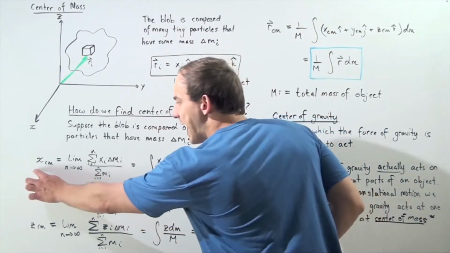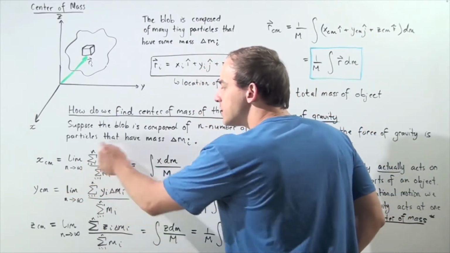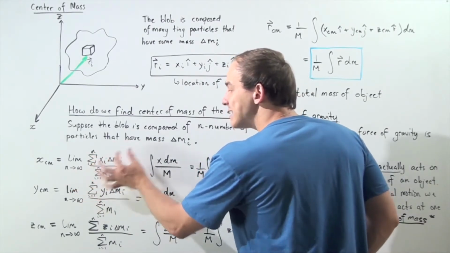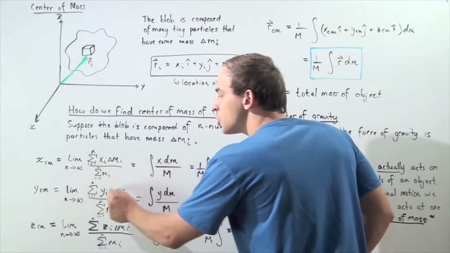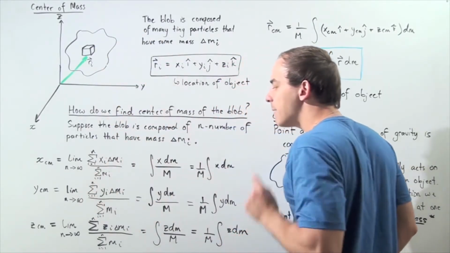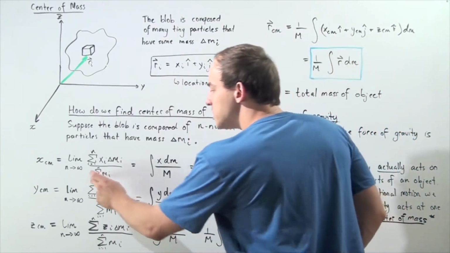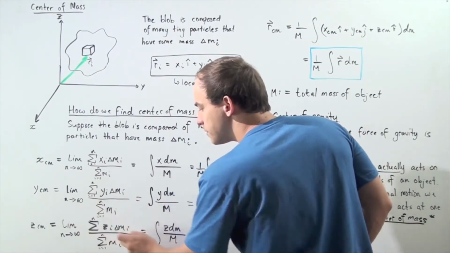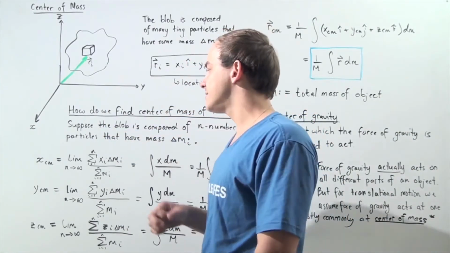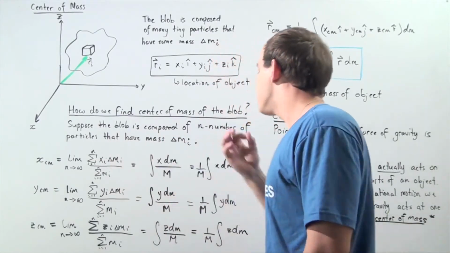So once again, for the x coordinate, we take the limit as n approaches infinity of the sum of the product of the location vector and the mass of the object, divided by the total mass of the entire blob. Let's suppose the total mass of the entire blob is capital M. So we can replace the bottom of each of these with simply M. Now the top can also be replaced by integral notation, because the limit of the sum is simply the integral.